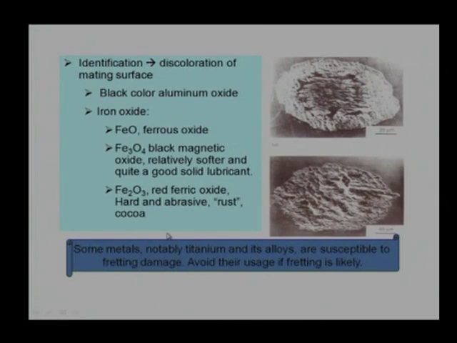Now, if we know the material table and we know which materials are susceptible to fretting phenomena, then we should never use those materials if we know the vibration phenomenon is going to happen there. Like titanium, one of the very costly materials. If it is not used properly, it will cause a failure. You must have heard about fretting failure of bone joints.